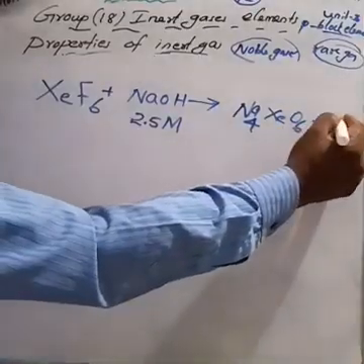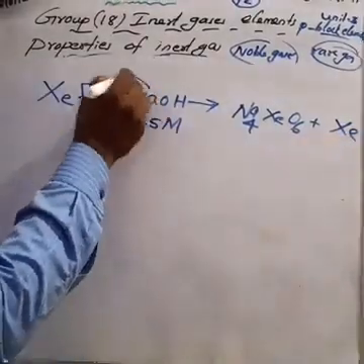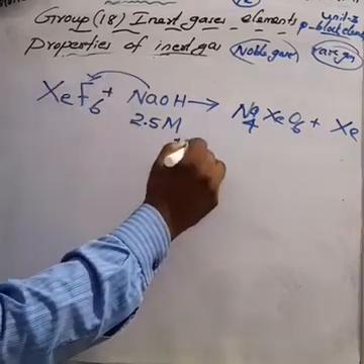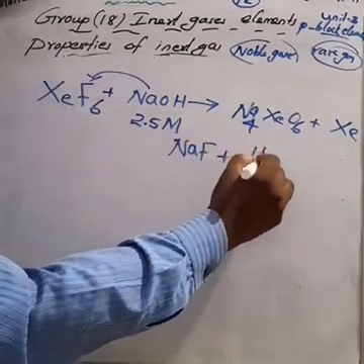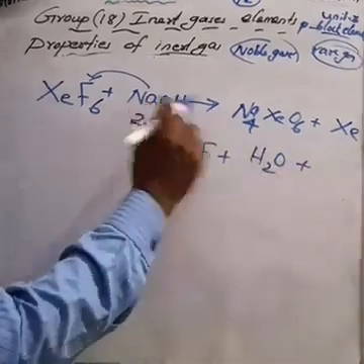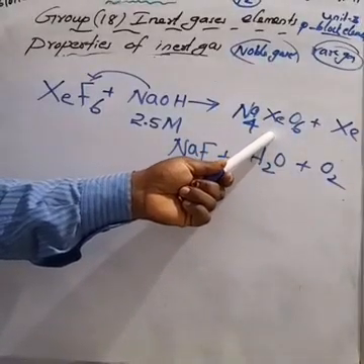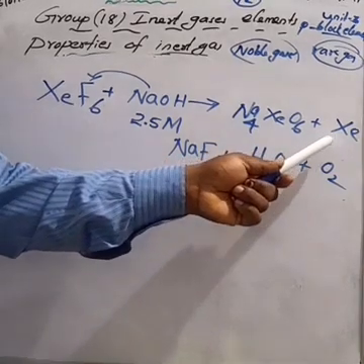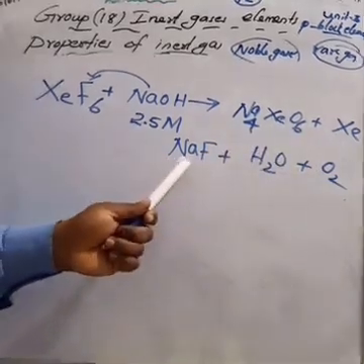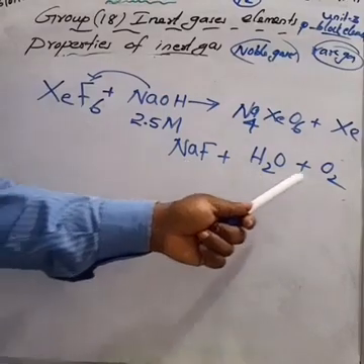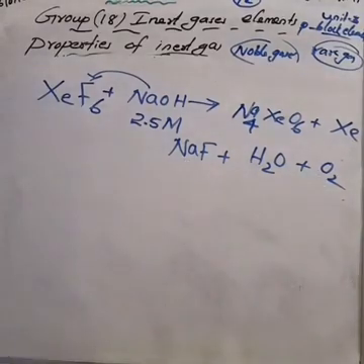And also we get xenon, that is Xe, and also sodium combines with fluorine, we get NaF, and hydrogen combines with O to form water molecules, and also we get oxygen O2. So xenon hexafluoride reacts with 2.5 M sodium hydroxide, we get 5 different products: sodium perxenate, Na4XeO6, xenon Xe, sodium fluoride NaF, water H2O, and oxygen O2. This is the product. Am I right?